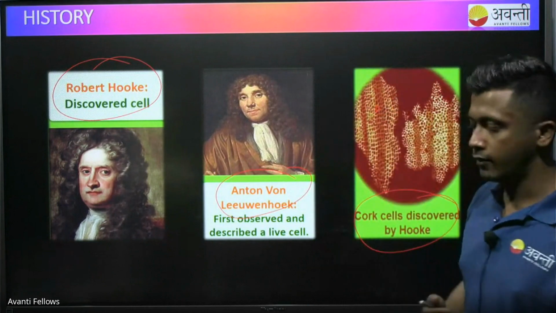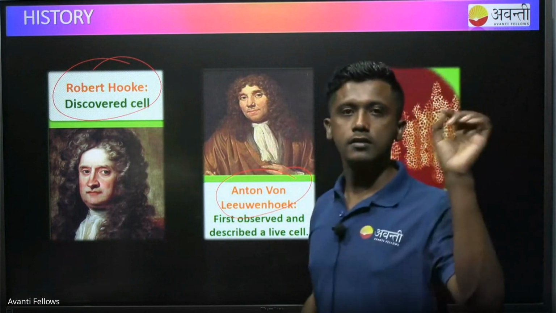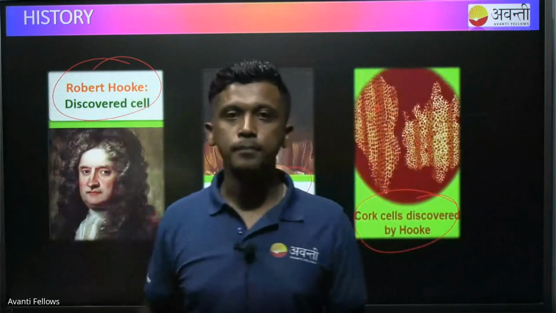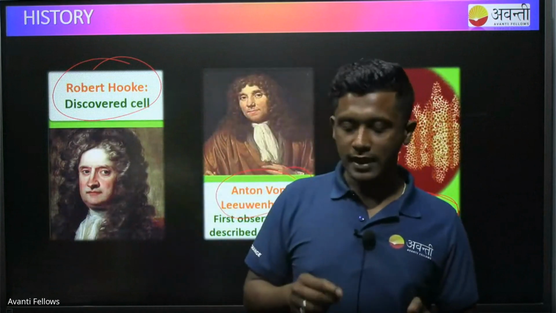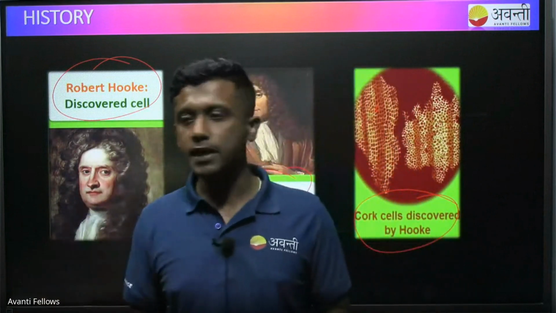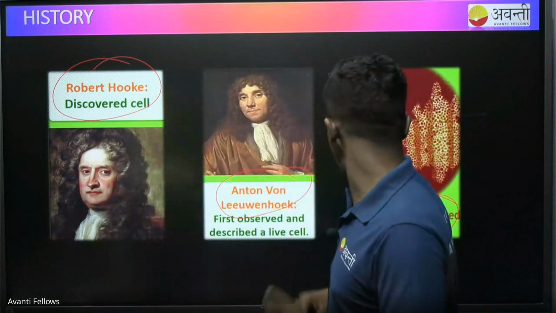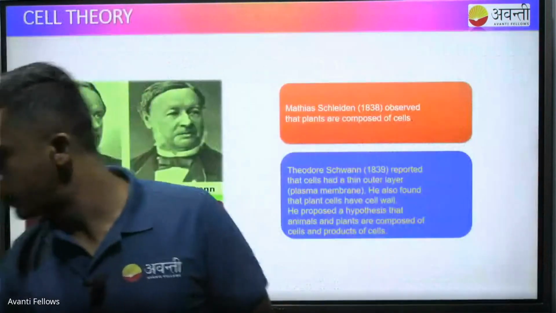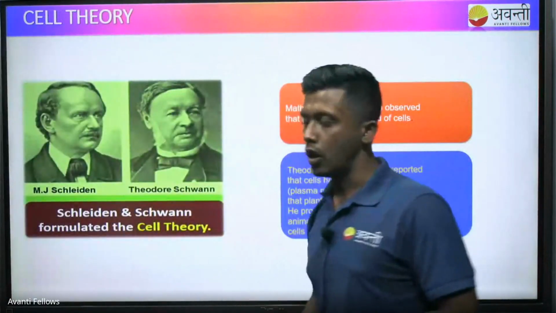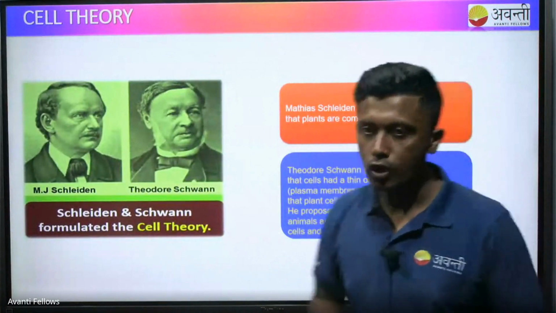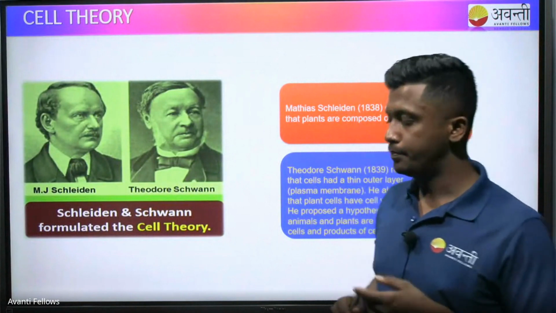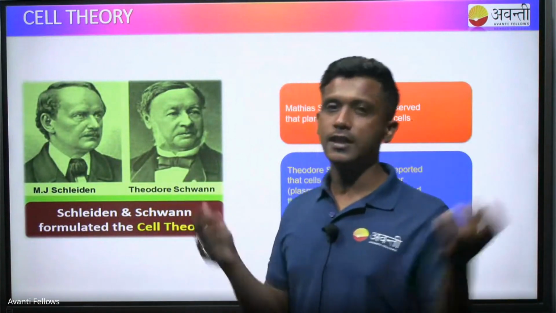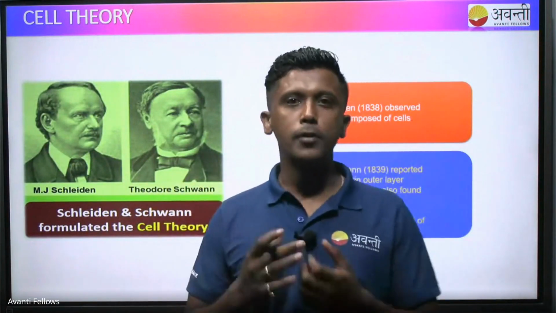It has very repetitive structures that are repeating. So when he observed this structure, what he thought was, okay, they are like small units that have been repeated, and he called these small units cells. Okay, he named them cells. So after the work of Robert Hooke, who discovered the cell, a lot of curiosity arose in the scientific community.